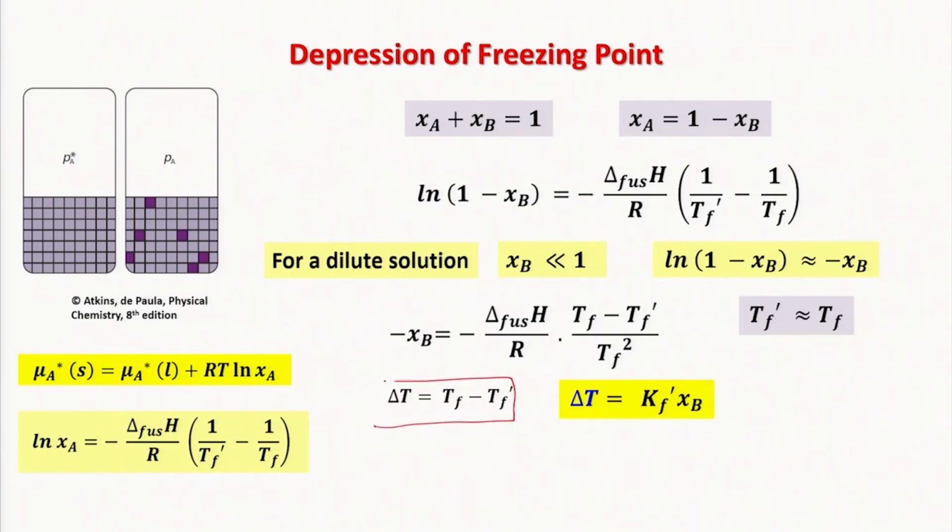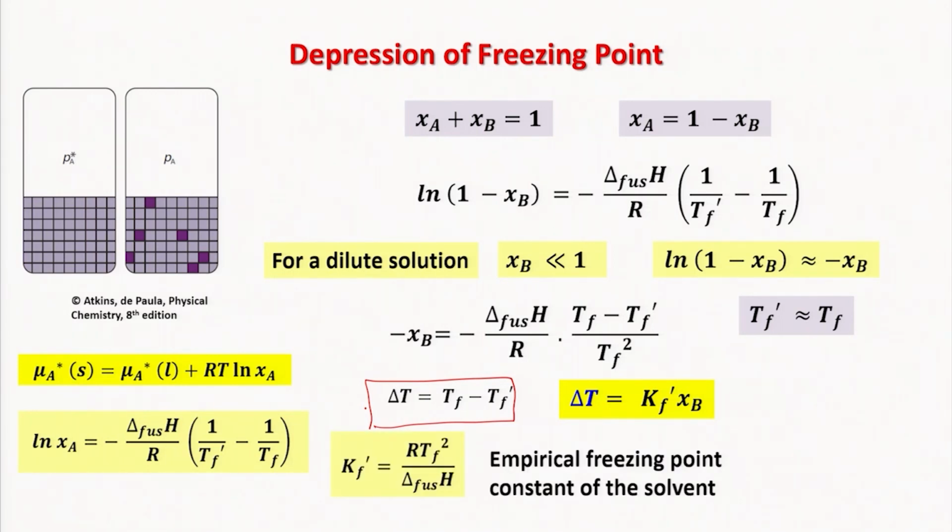and then by denoting delta T as Tf minus Tf prime, I can very easily show that delta T is equal to Kf prime into XB, where Kf prime is known as the empirical freezing point constant of the solvent.